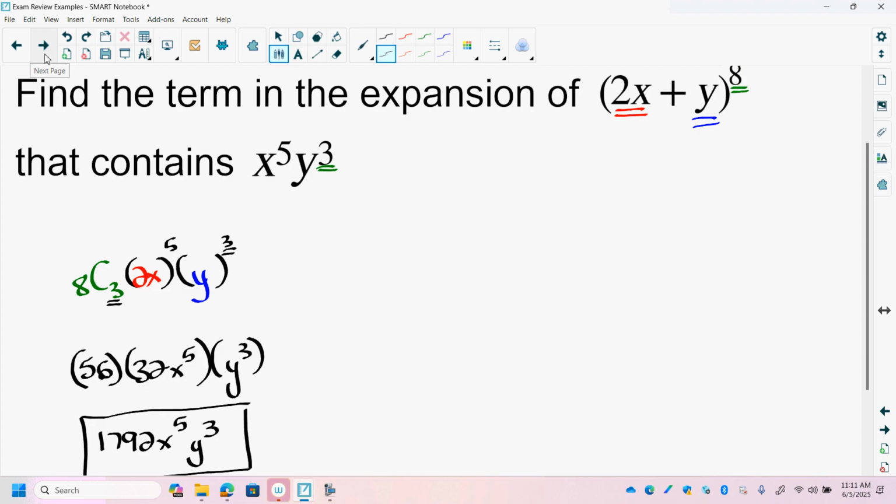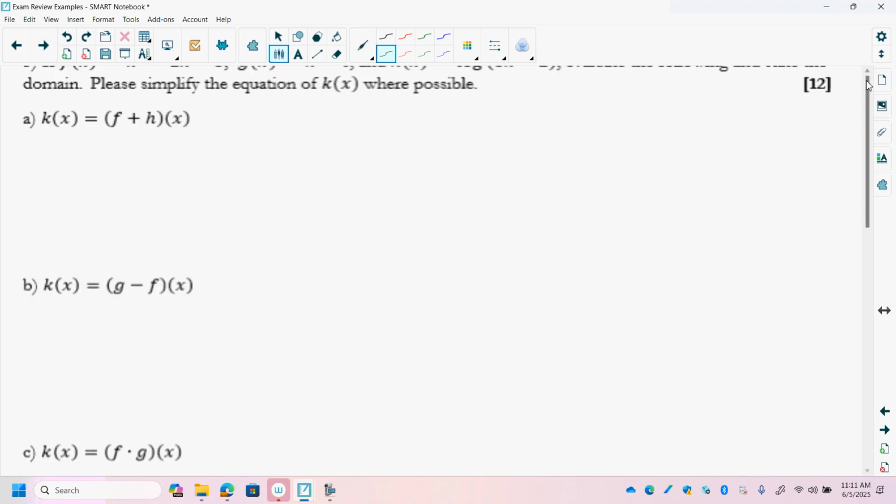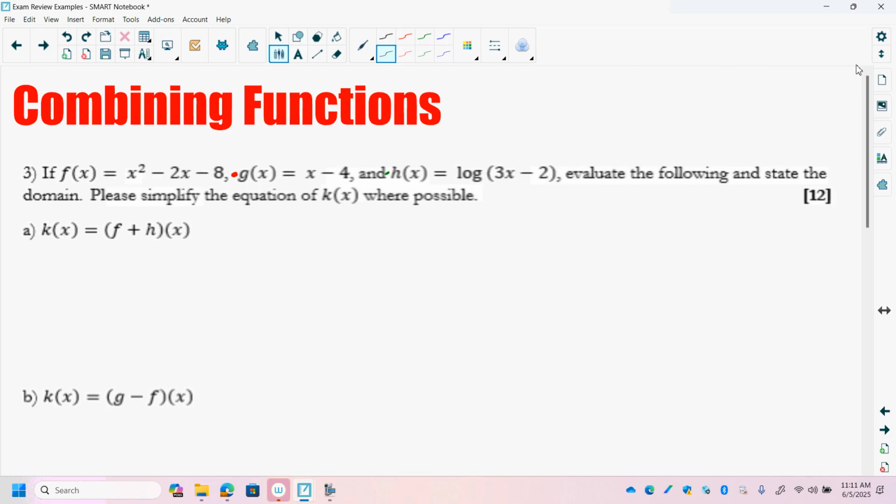Let's move on to combining functions. There will be a question like this on your exam. So here's the situation. They give us f of x, g of x, and h of x.